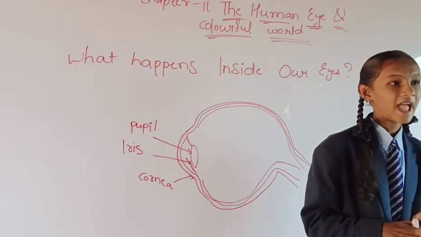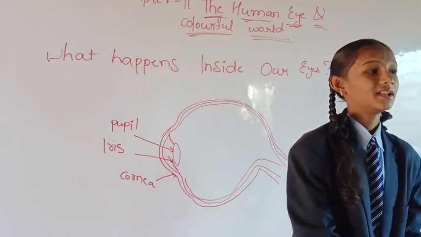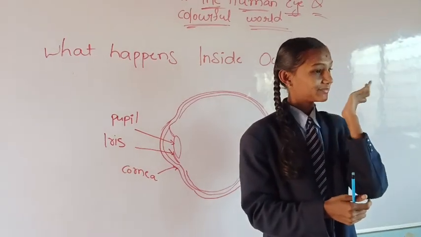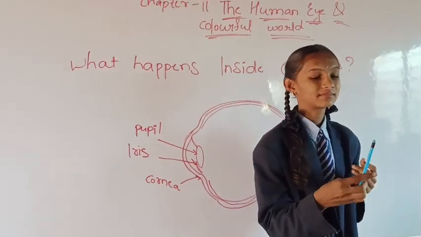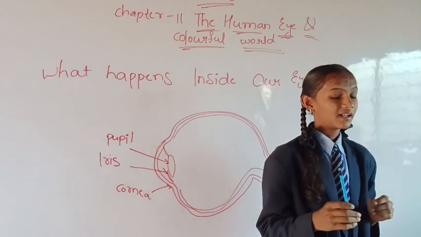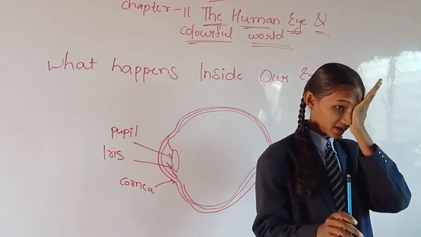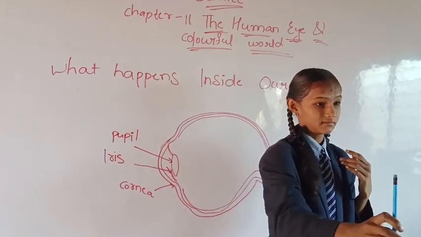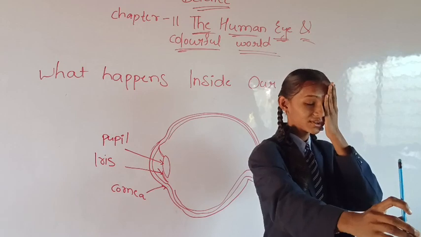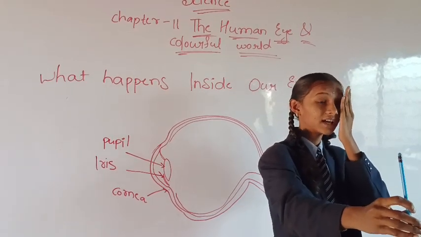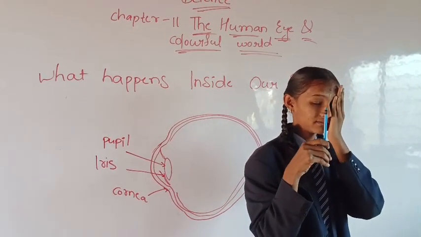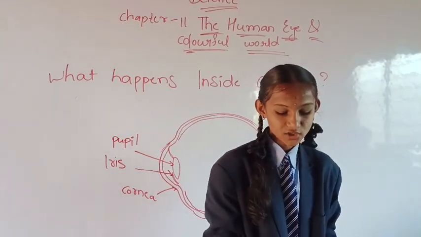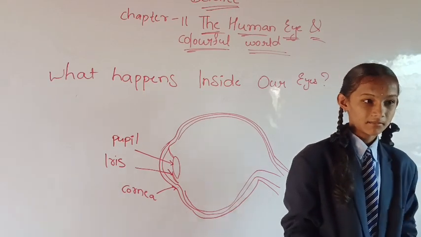For this activity, take a pencil, close one eye and observe the pencil with the other eye, keeping it far. It will look clear. Take it near, and the pencil will look blurry. This is the job of the lens of our eyes.